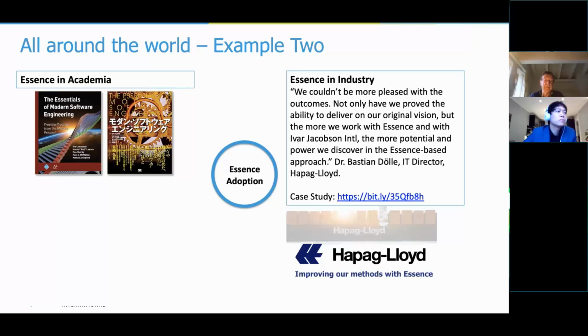They already have today many different variants of the same practice, but now we integrate them and create one practice that really works for more than one product. And as you can see, they are extremely happy with Essence. If you would be interested to learn from them, you can do that. They are happy to help.